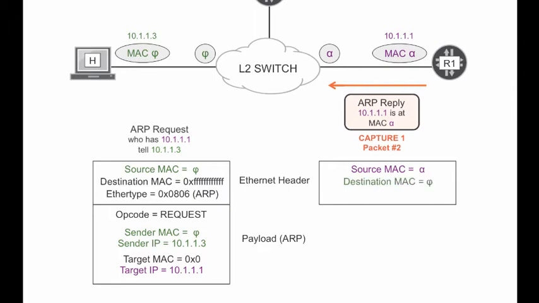On the other hand, ARP replies are targeted to the unicast MAC address of the requester, in this case, PHI.